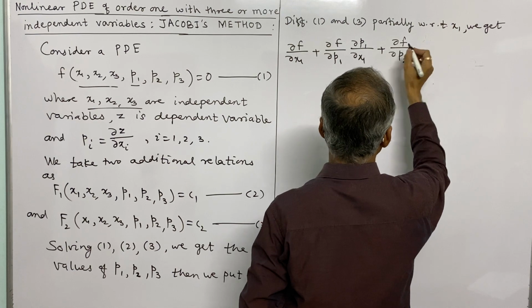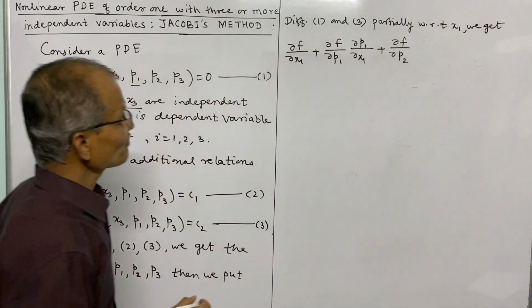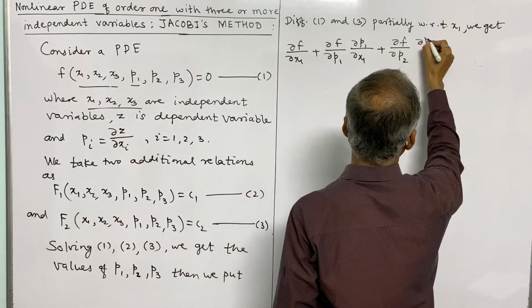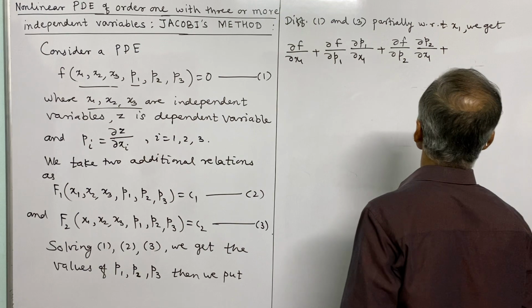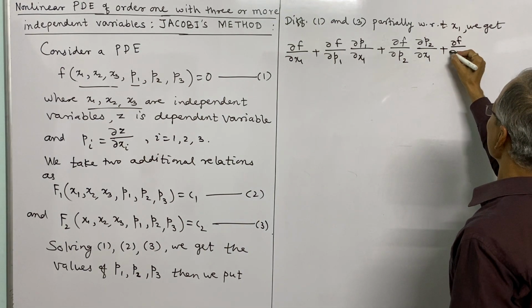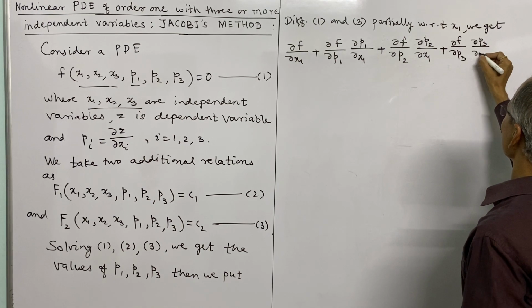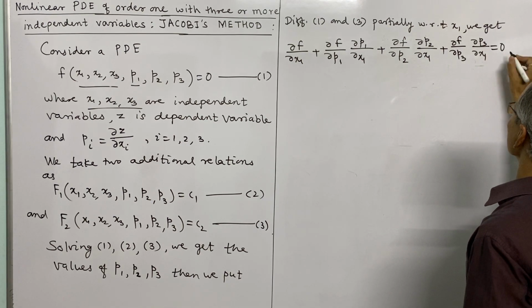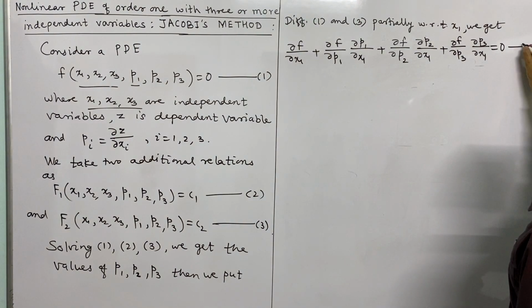Small and capital notation we have to follow correctly. ∂f/∂p2 into ∂p2/∂x1 plus, and next ∂f/∂p3 into ∂p3/∂x1 is equal to 0. Now we shall call this relation 4.